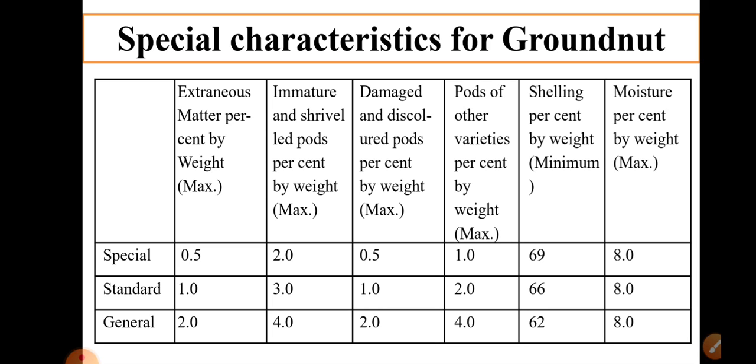For special grade, it should give at least 69% shelling. For standard grade, at least 66% shelling. For general grade, at least 62% shelling. For all these categories, moisture level should not exceed 8%.